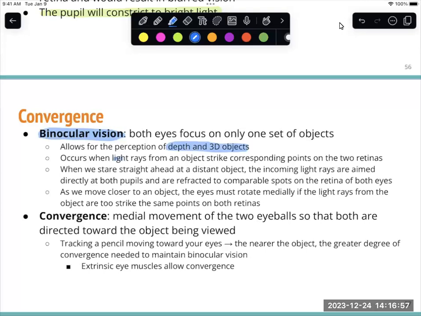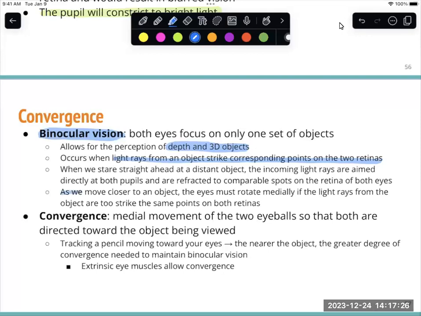So those light rays from that object come into both of those retinas, both eyes. And as that image comes in and is reflected onto those retinas, because of both of them, it allows you to see that depth of that specific object.